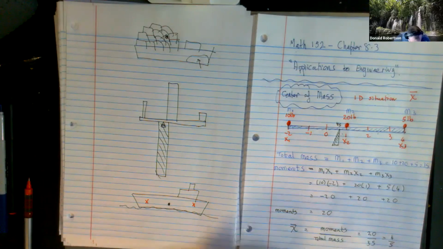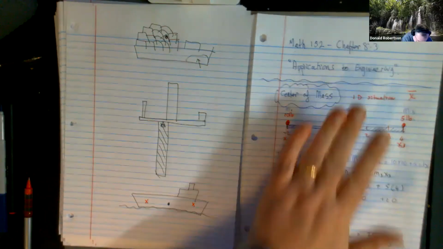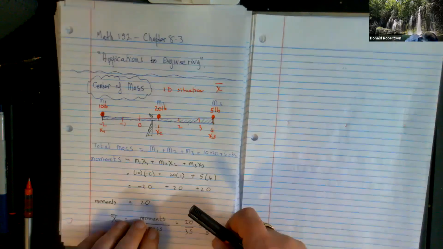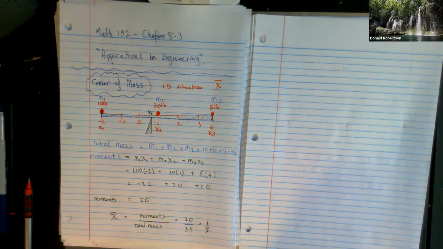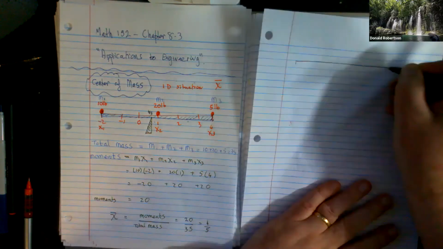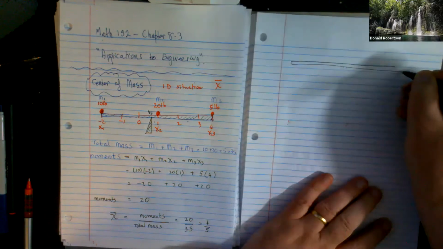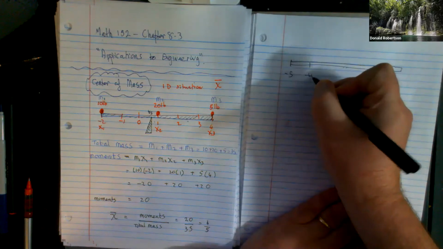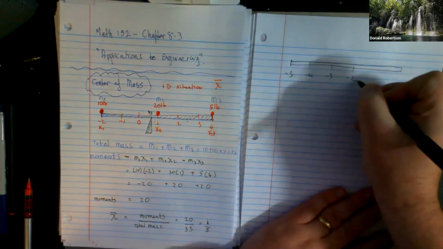Big deal. We want to know how to do this. And this is how you do a center of mass in one dimension. So let's give you one to try. Here is your shot. We'll make that -5, -4, -3, -2, -1, 0.